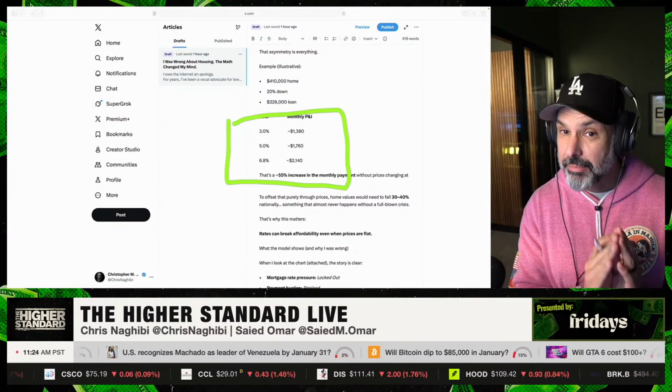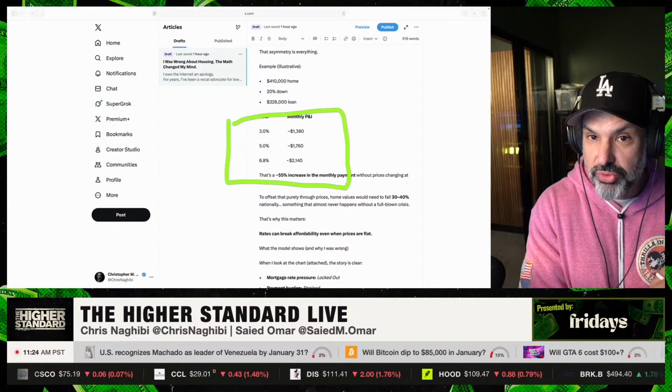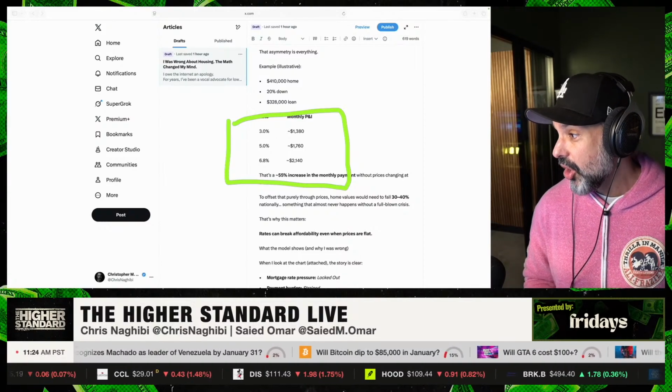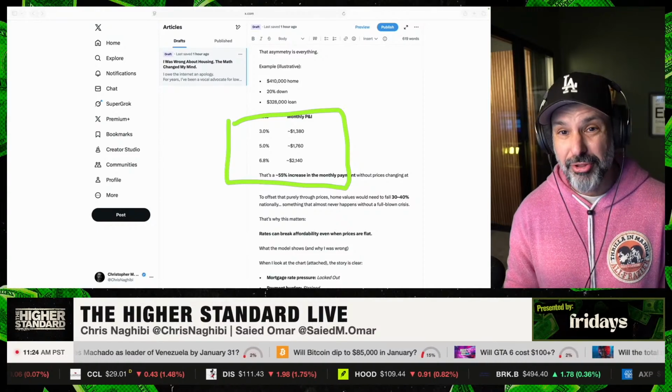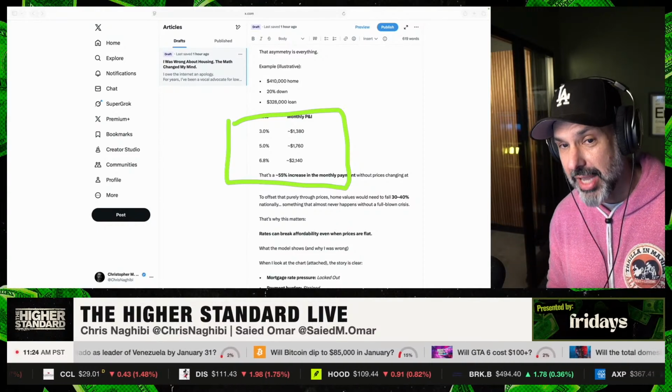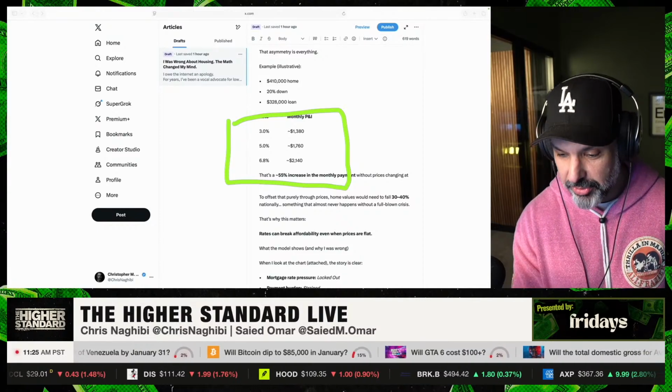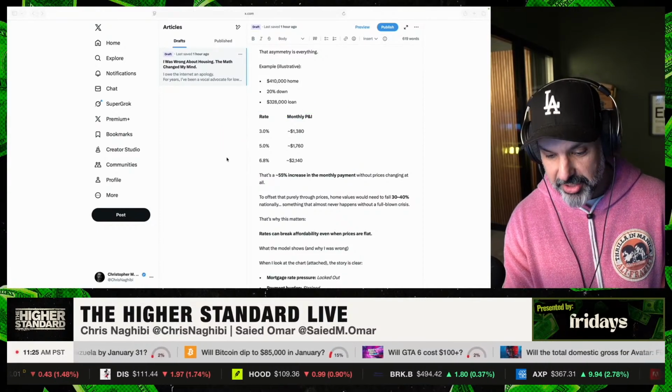That's how meaningful rates are; it's just a huge weight on the overall payment. To offset that purely through prices, home values would need to fall about 30 to 40%. So again, I'm not saying that I disagree with our historical stance that home values need to come down. They do.